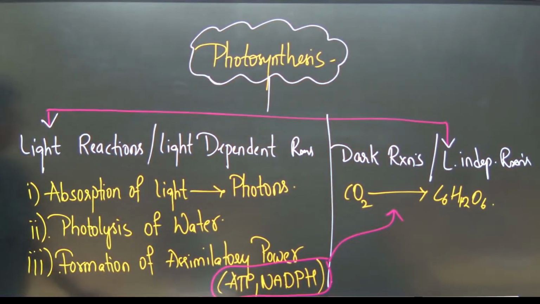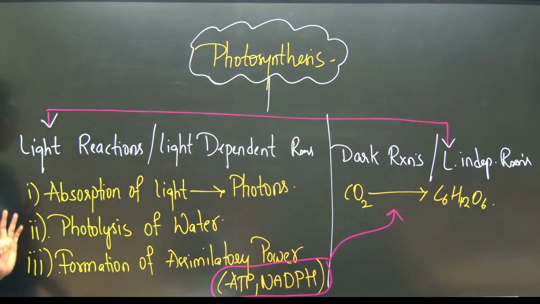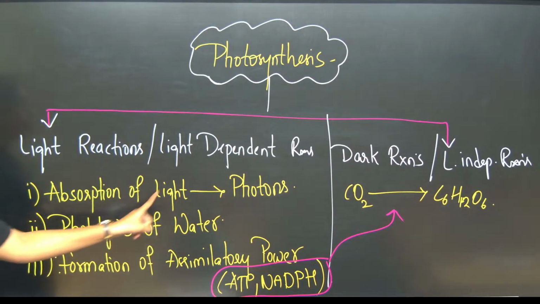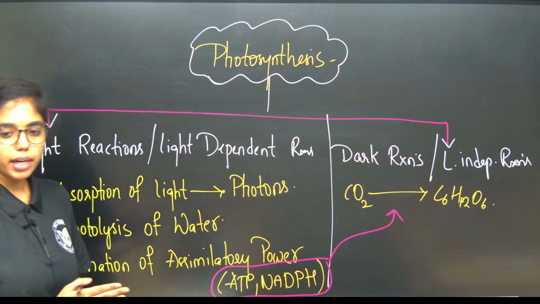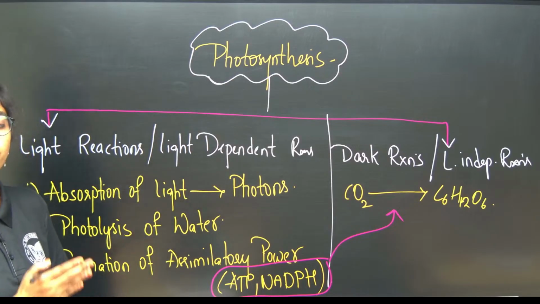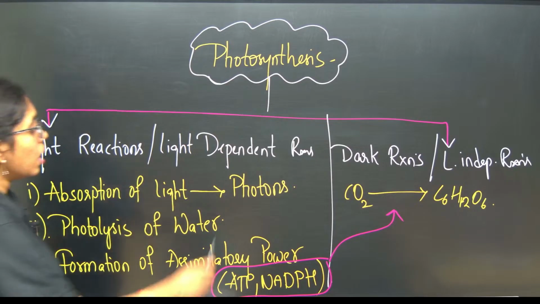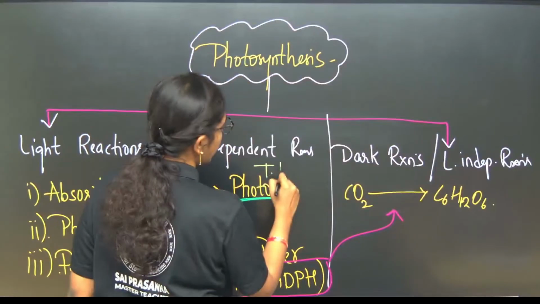Clear? Now, the sites or locations of each of these are very important. First, absorption of light in the form of photons, where is it happening? Inside the thylakoid membrane, by the photosystems, by the photosynthetic pigments, light is absorbed in the form of photons. So, this location is the thylakoid lamellae.